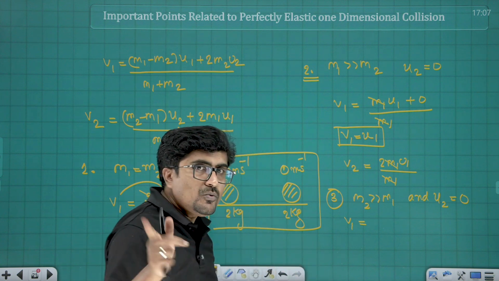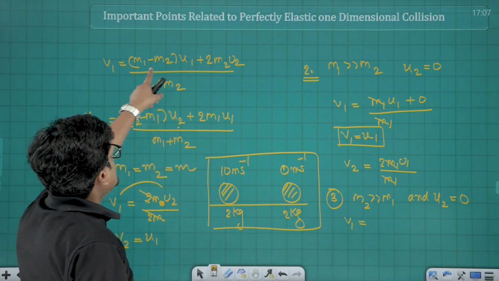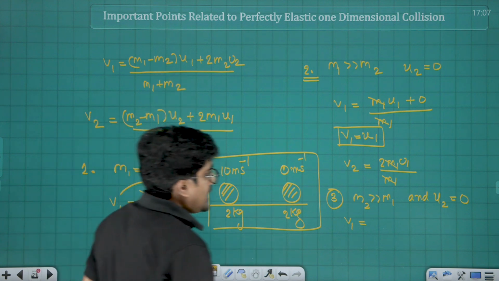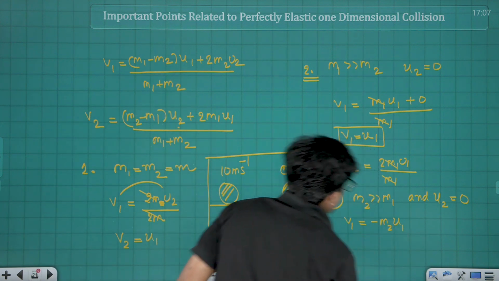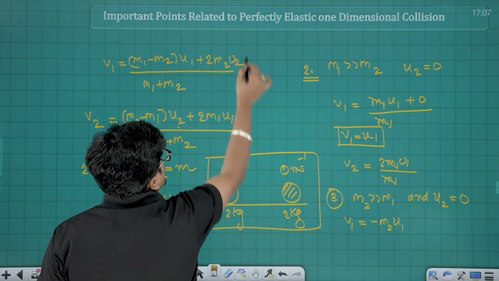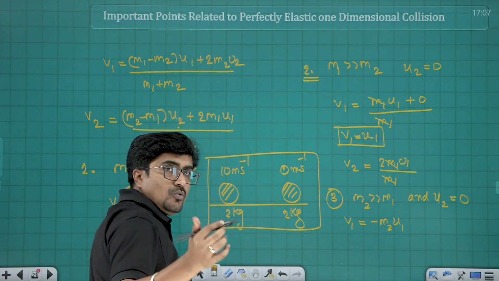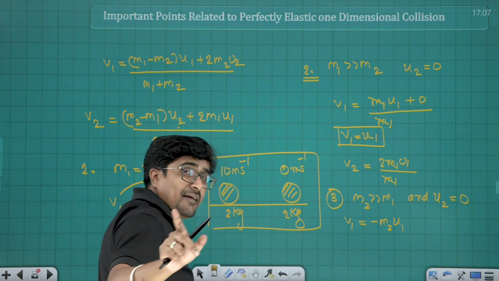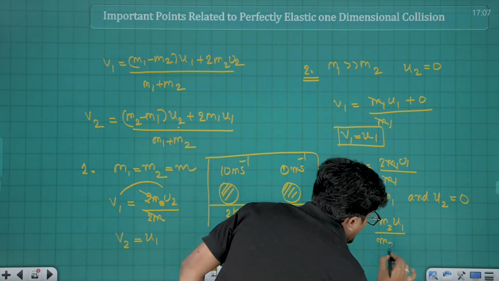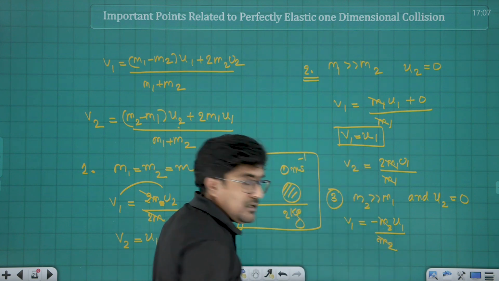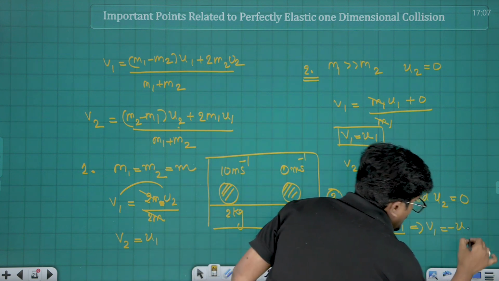If m2 is very, very greater than m1, this particular part is going to be minus of m2 u1. u2 is 0, so this part will be 0 only, divided by m1 plus m2. Since m2 is very, very greater than m1, m1 plus m2 is going to be m2, all divided by m2. m2 and m2 will cancel each other, which means here v1 is going to be minus of u1.